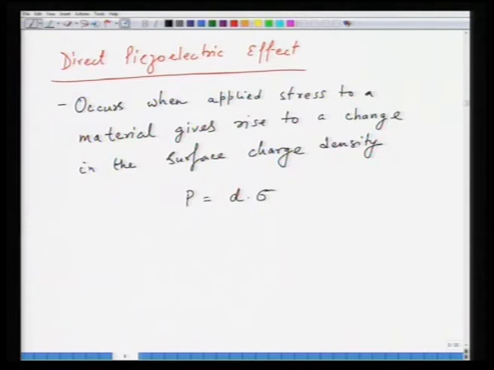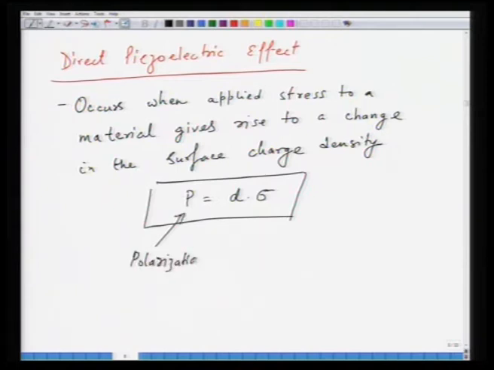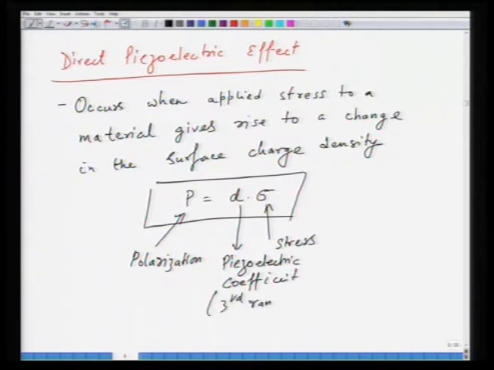Now, these have to be explained more correctly in the vector notation, which I will show you in a while. So, this direct effect in the easiest form is expressed by this equation: P is equal to d dot sigma, where P is of course the polarization, sigma is the stress, and d naturally is called the piezoelectric coefficient, and this is actually a third rank tensor.